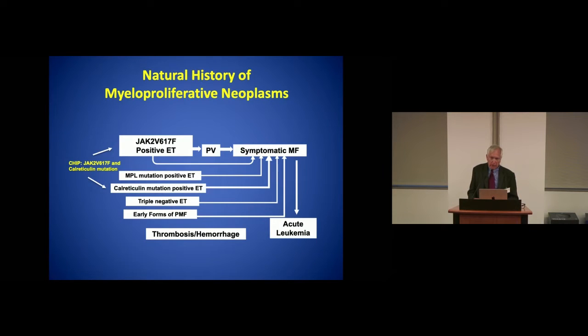All you really have to understand is that these mutations initially lead to accelerated proliferation of primitive hematopoietic stem cells. Hematopoietic stem cells are the mother cells that give rise to all the formed elements of the blood. So that's the initiation event.